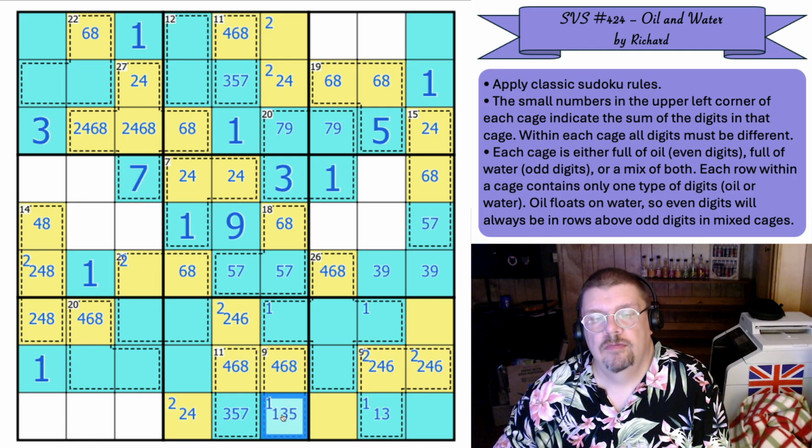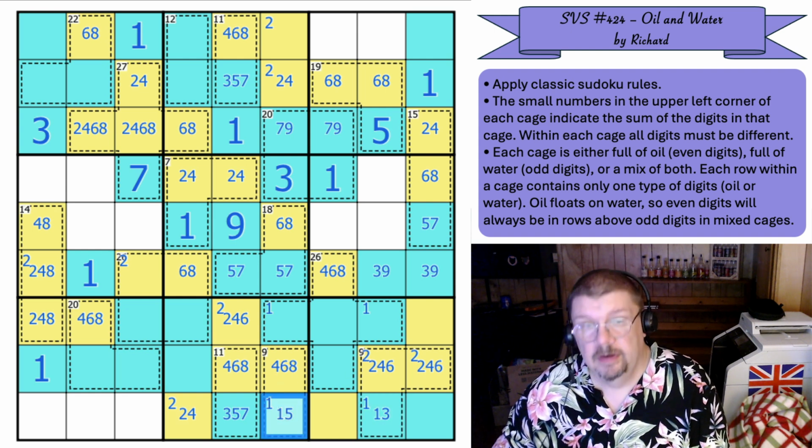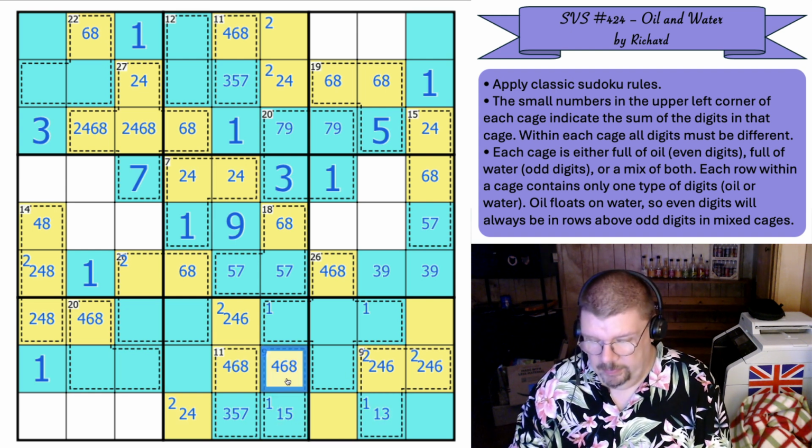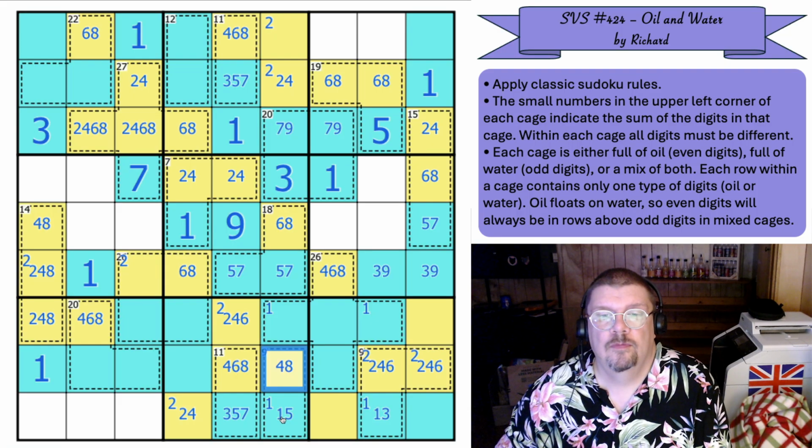That's 3. That's 6. That's 2, 4, and 1, which doesn't add up to 9. So that can't be 3. And that can't be 6. If that's 1, no, if that's, yes, that's fine. If that's 5 and 4, that becomes 2, 6 with a 1.